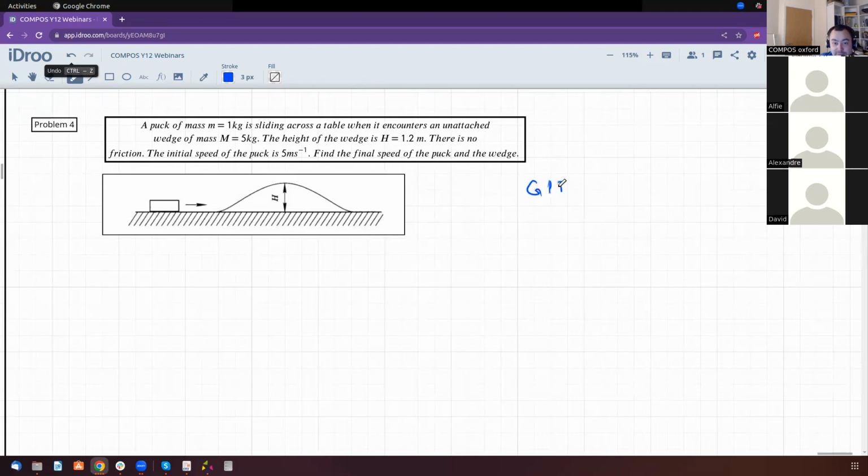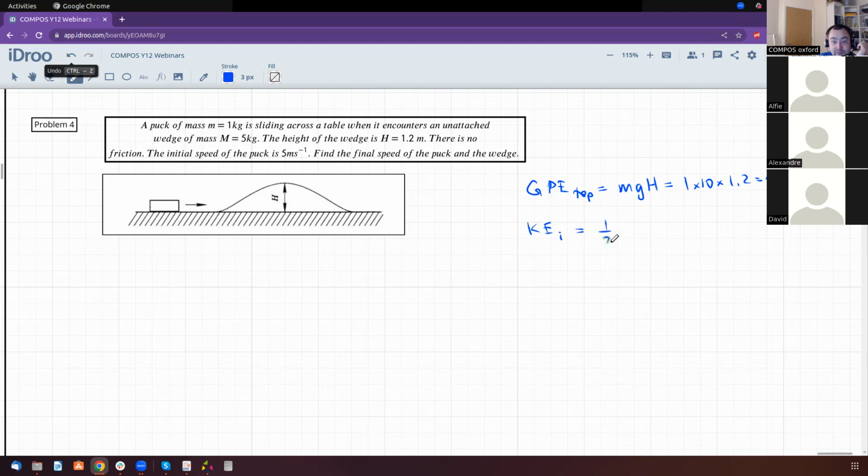GPE at the top is equal to mgh. That's equal to 1 times 10 times 1.2, which is 12 joules. Okay, what's the initial kinetic energy?